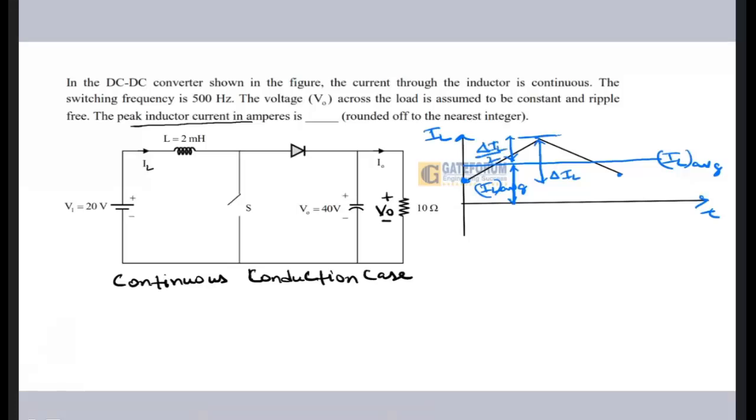So the peak current is this one only. The peak current will be IL average plus delta IL by 2.